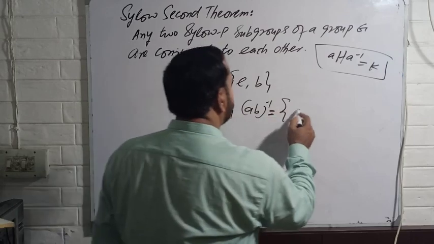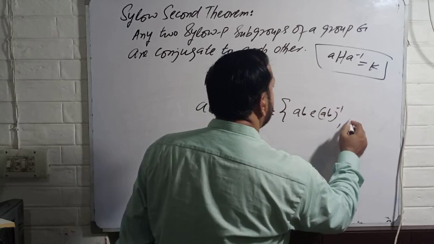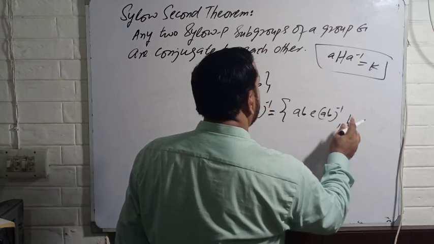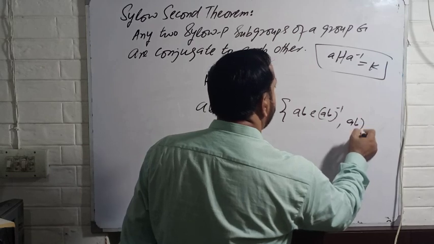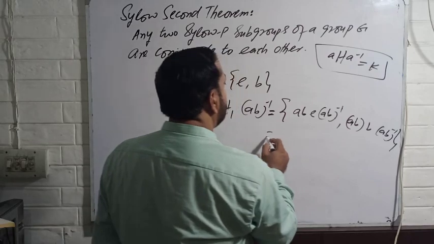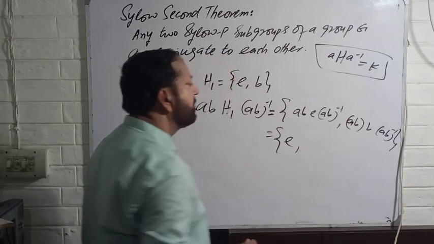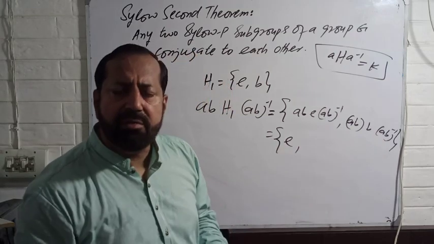This is AB E (AB) inverse, then AB B (AB) inverse. You see, this is the identity. And what is (AB) inverse? You know, (AB) inverse is B inverse A inverse.